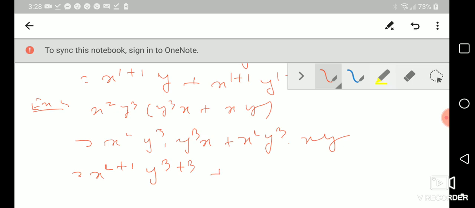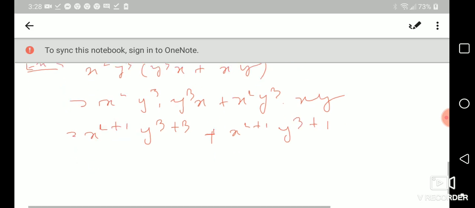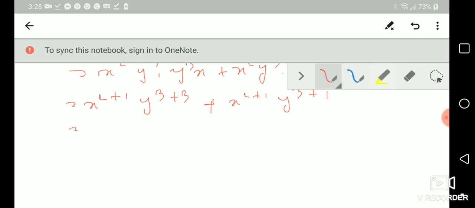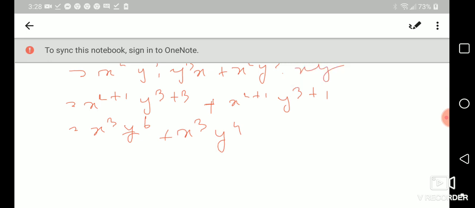And for the other part of it, it's going to be x to the power 2 plus 1 and y to the power 3 plus 1. So finally we will have x to the power 3 and y to the power 6, plus x to the power 3 and y to the power 4. That's going to be our final answer.